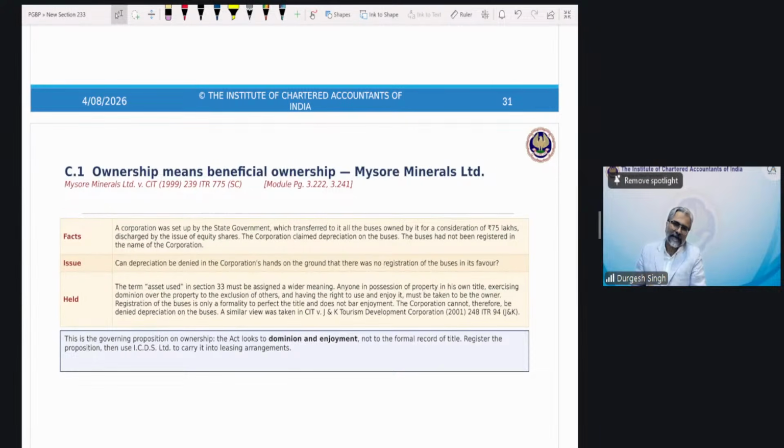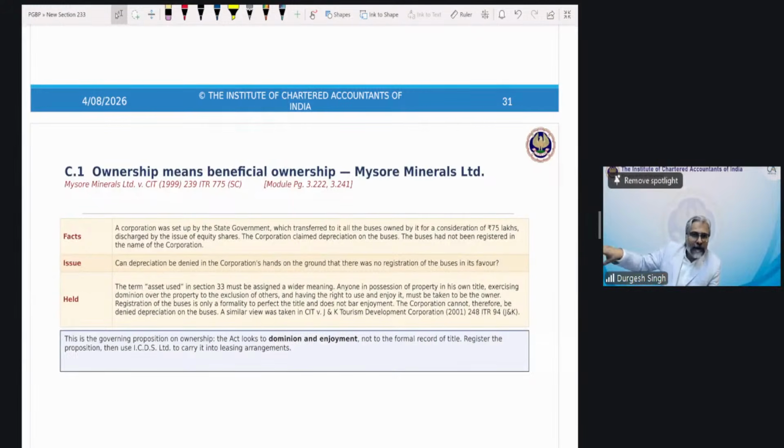Without registration, students, the buses were being sold. So the title was with the government only, and the document evidence was with the government only.